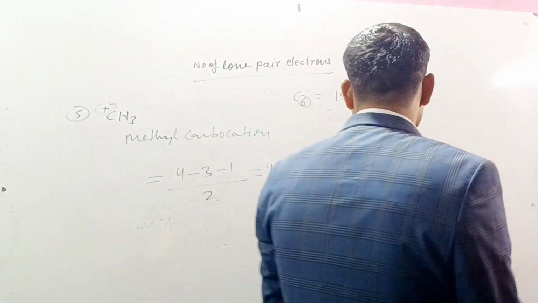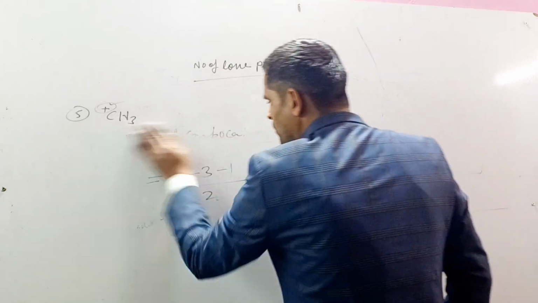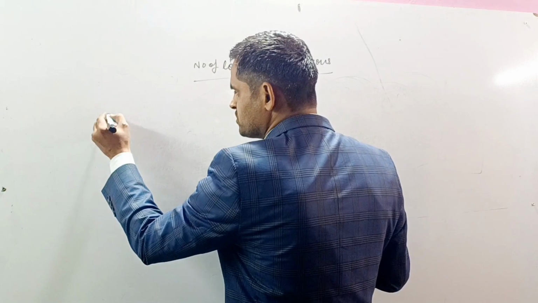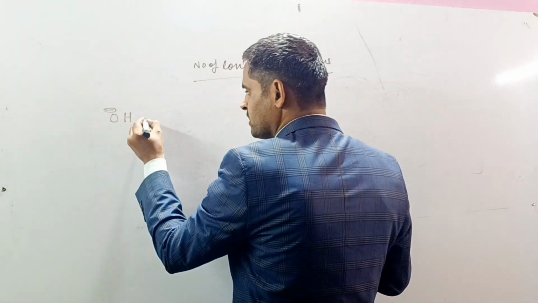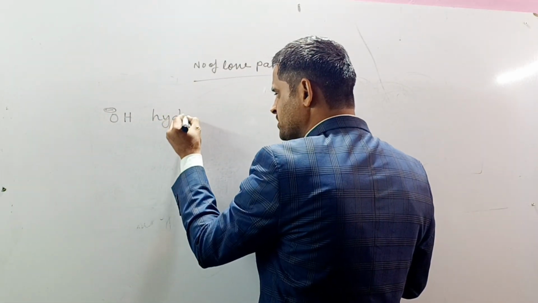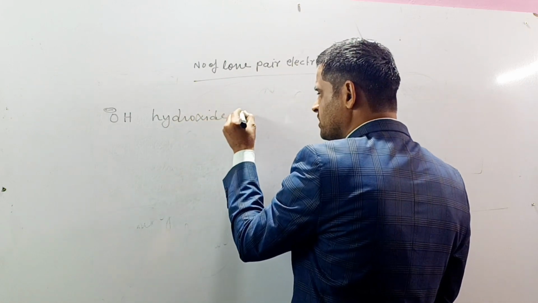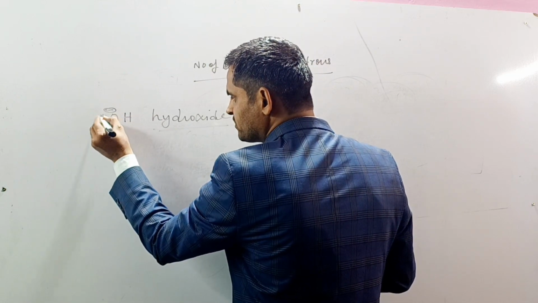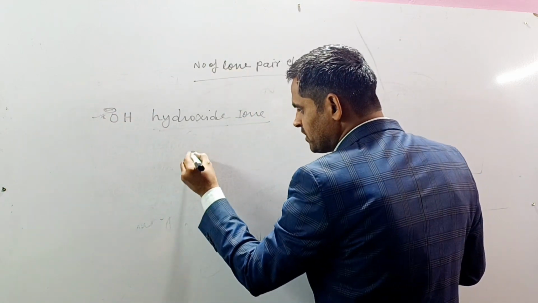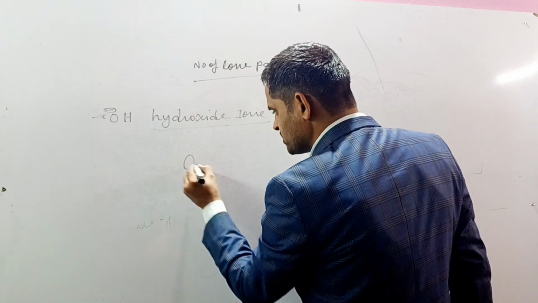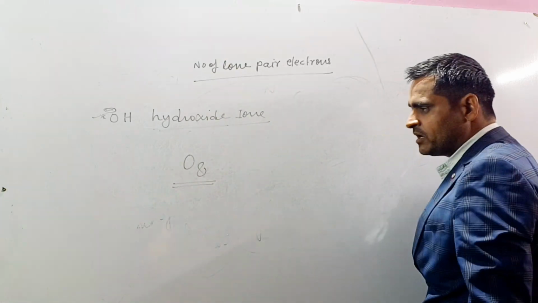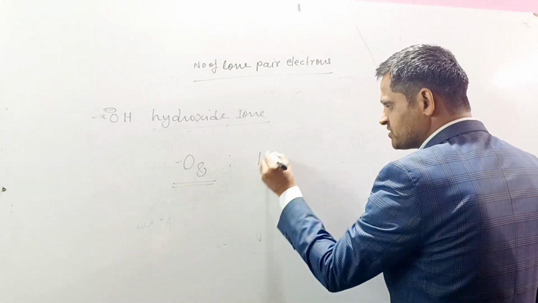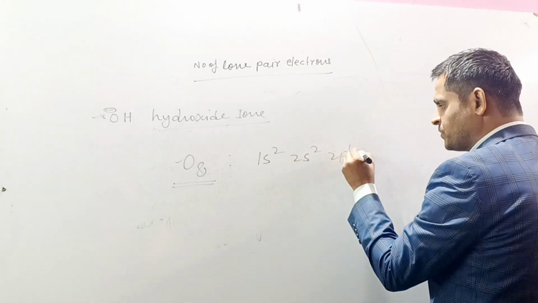Now after that, the hydroxide ion, this is the most suitable example according to our syllabus. So this is the hydroxide ion. How many lone pair electrons are at the oxygen atom? Now we know oxygen has atomic number 8, shown this way: 1s2, 2s2 and 2p4.